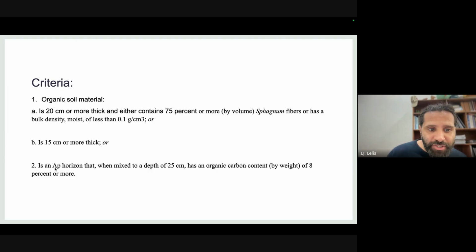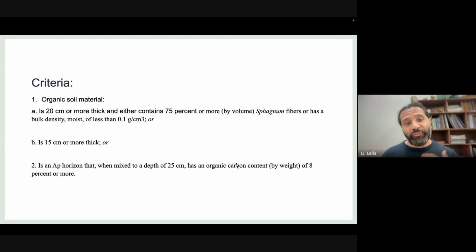So if I register an A horizon formed at the surface, with intense human action but not an anthropic pattern, and considering the minimum thickness of 25 centimeters, the organic carbon content is 8% or more, then I can call it a holistic AP pattern.